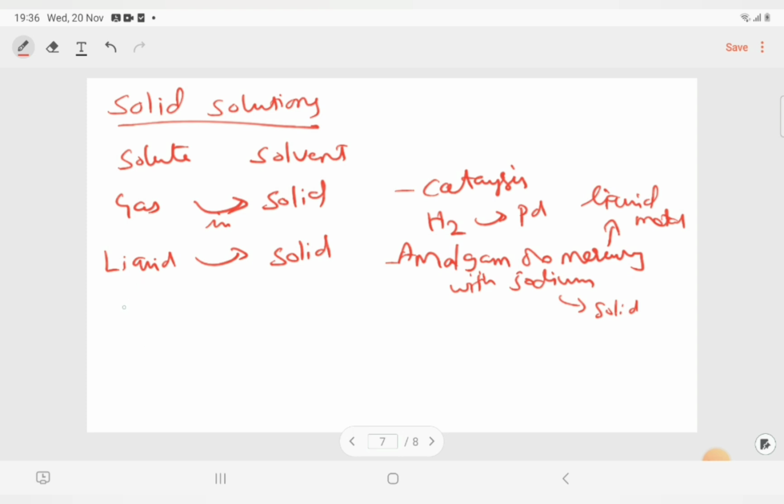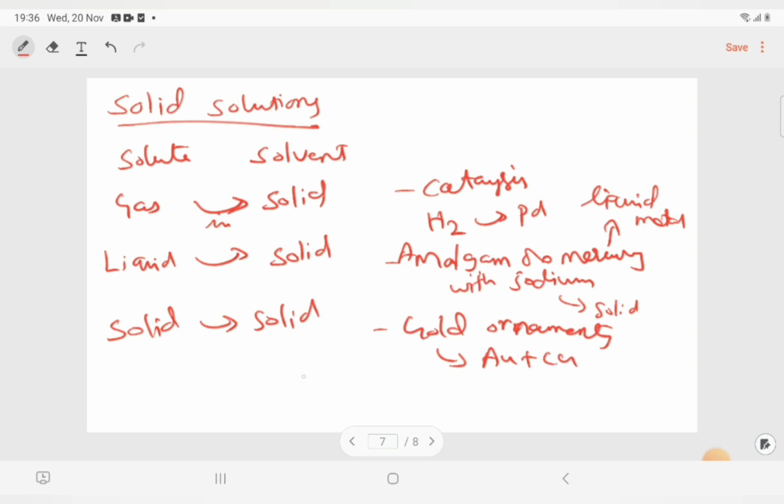And then solid in solid. The best example is your gold ornaments. Because in gold you add gold plus copper, right? We used to say 916 gold, which means that 91.6% is gold and the rest, 8.4%, is copper.